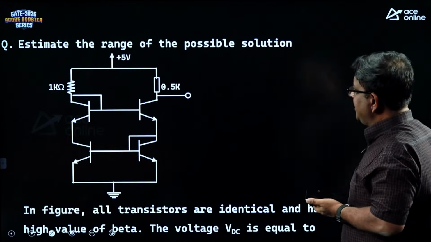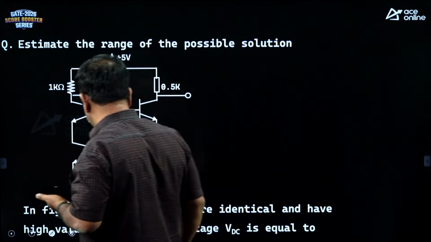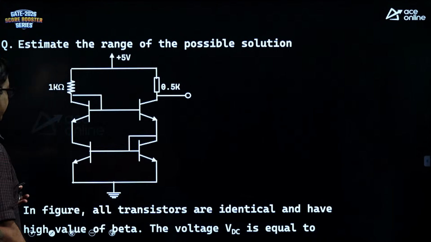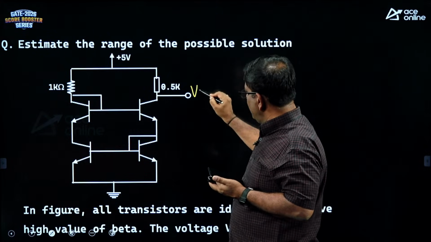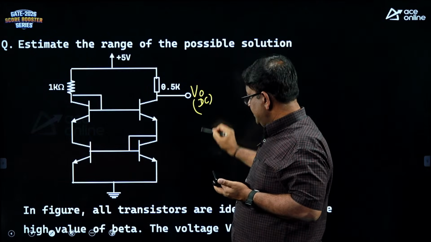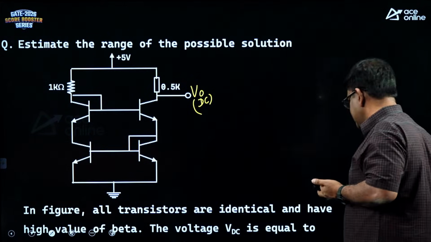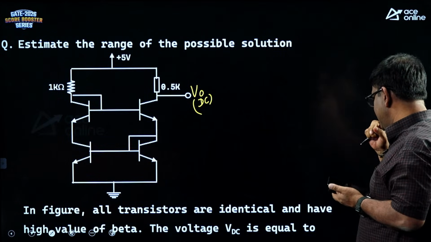Now, estimate the range of the possible solution. I have converted it into a numerical problem. You are asked to find V0 DC. In the figure, all transistors are identical and have high value of beta.